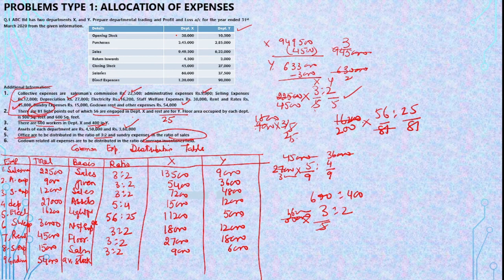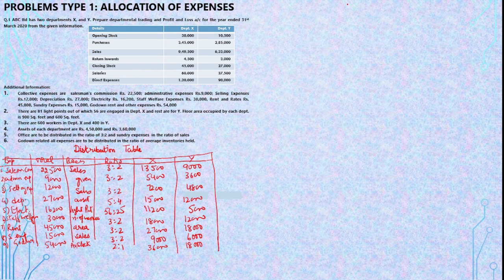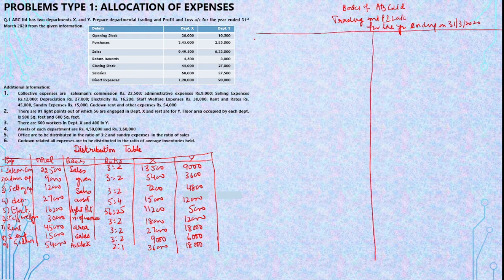So in the books of the main business, that is ABC Limited, we are to prepare trading and profit and loss account for the year ending on 31st March 2020. Now you see, we can make a columnar trading and P&L account. So we shall be making 3 columns here.